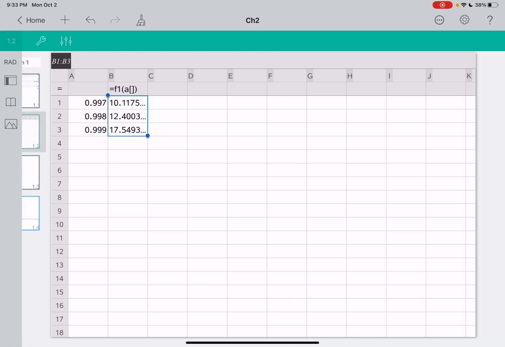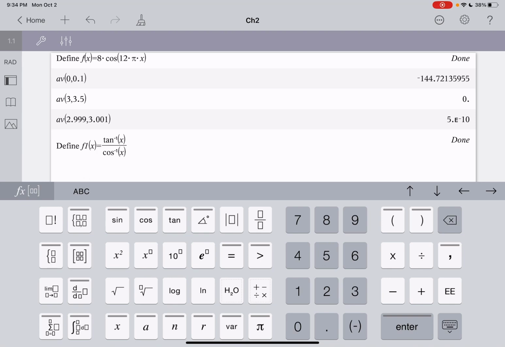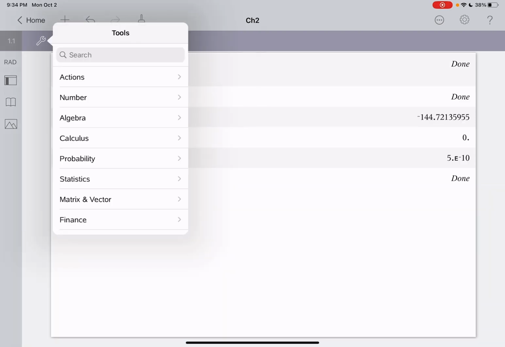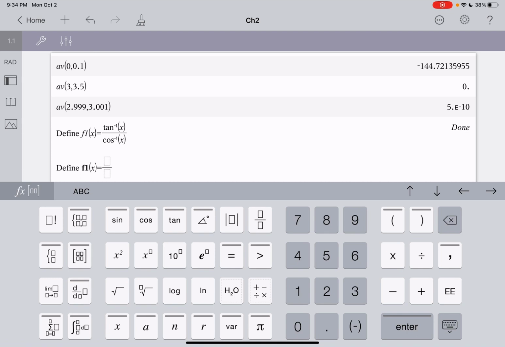So I think what I'm going to do is go back to my main calculator page, and I would redefine whatever I have for f1 of x right here. So here we go. We are going to define f1 of x to equal sine of x divided by the absolute value of x, kind of a weird one right here.